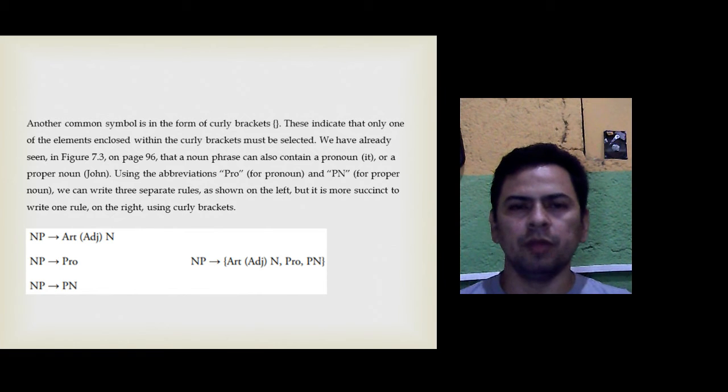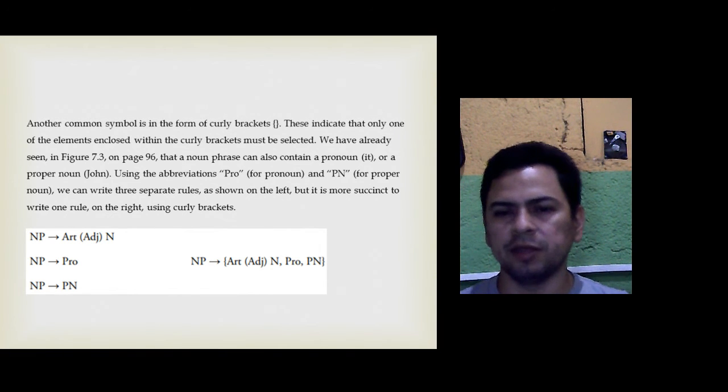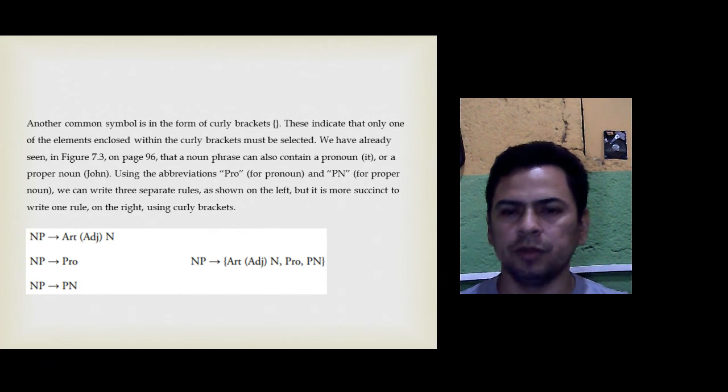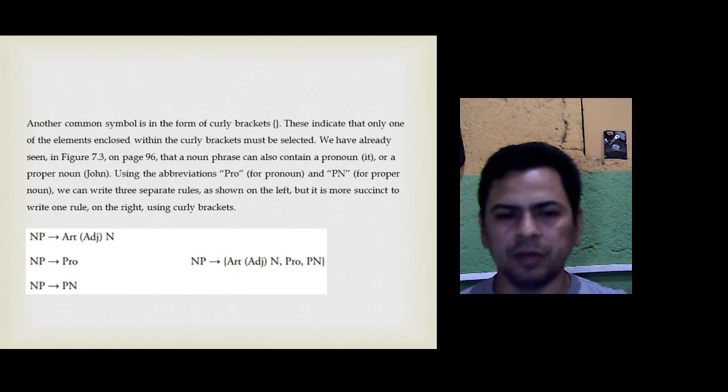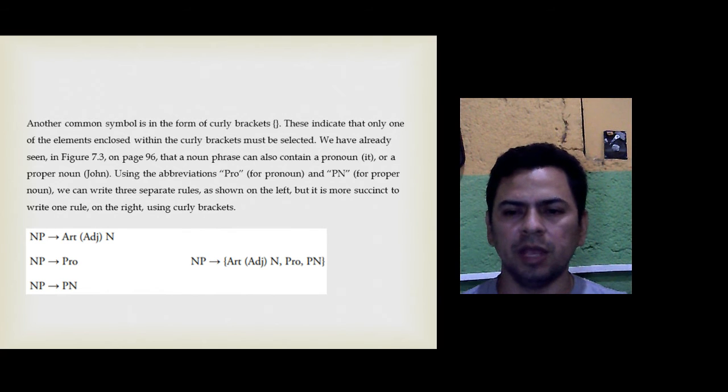Another common symbol is the curly bracket. This indicates that only one of the elements included within the curly brackets must be selected. We have already seen in figure 7.3 on page 96 that a noun phrase can also contain a pronoun, it, or a proper noun, John.